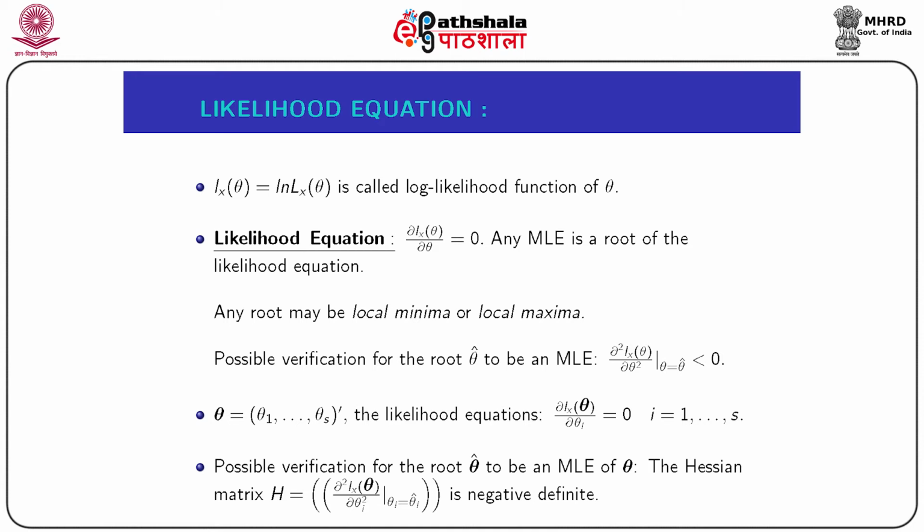Then theta hat will be the maximum likelihood estimator of theta provided the Hessian matrix is a negative definite matrix.